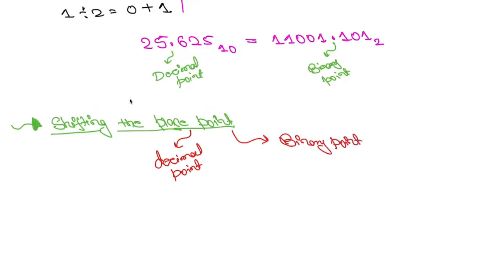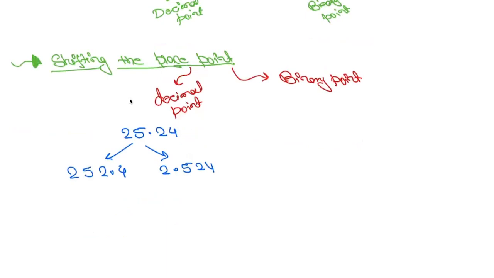Now, if we shift the decimal point, let's say if we have 25.24, right? And let's say we have 252.4 and we have 2.524. What does it mean?